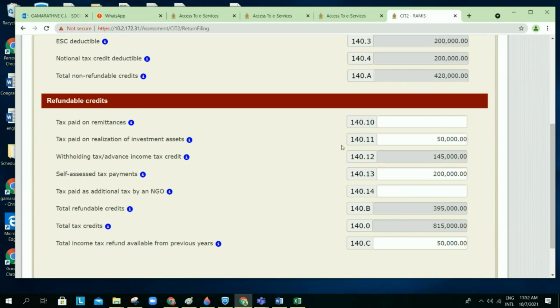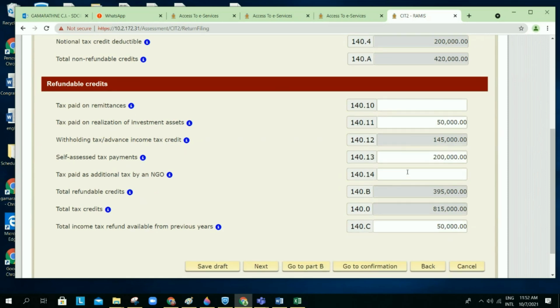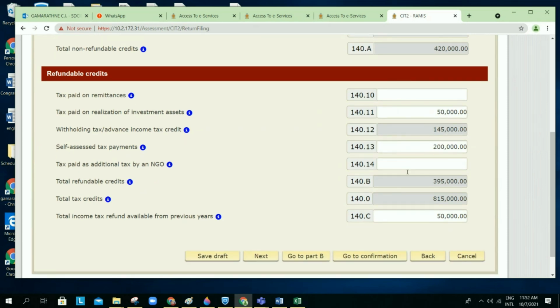Okay. Then as per the given example, there is a realized CGT payment of 50,000 and also withholding credit and a self-assessment payment of 200. Then we have entered them here. Then total income tax refund available from previous year.